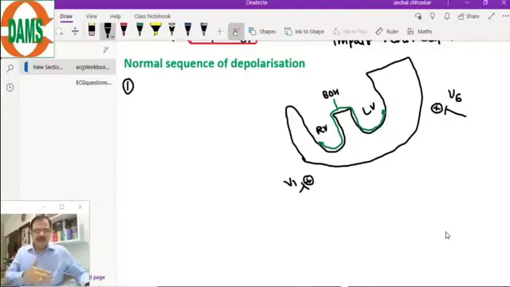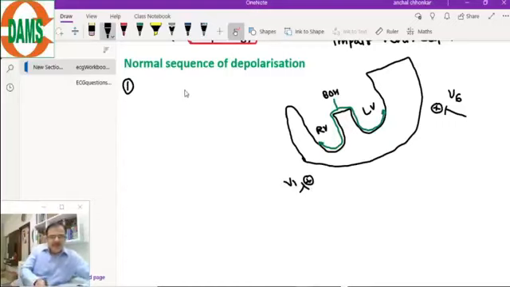So this is the diagram. V1 is here and V6 is in the mid axillary line. I am taking the extreme lead placements to see how the QRS complex will be seen, starting with the normal sequence of depolarization.